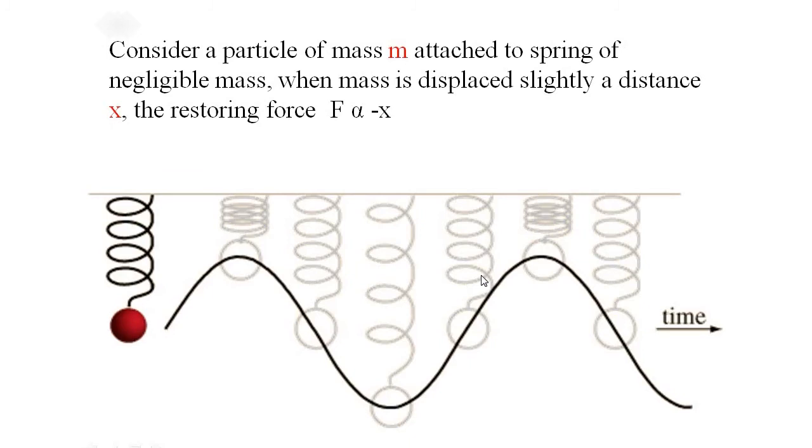Now we have to derive the equation for simple harmonic motion. The only quantity we know is that the restoring force F is proportional to minus x, where x is the displacement from the equilibrium point, where the mass balances. This compression or relaxation executes about the equilibrium point.